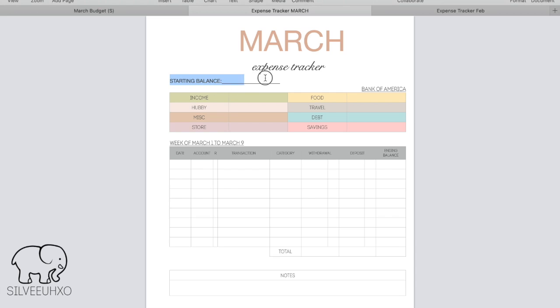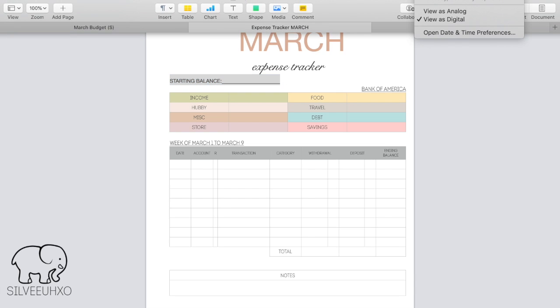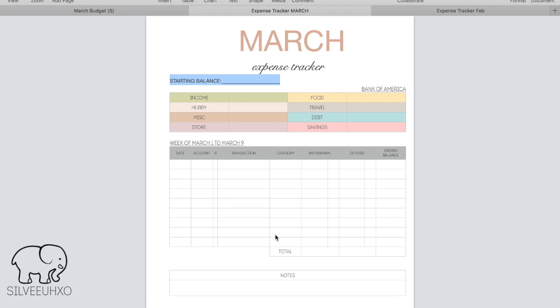For starting balance, I would put here whatever I have at the end of February. Right now, we're still in February, it is February 26th. So either by February 28th at night or Friday morning, I will have a balance here. And then I have Bank of America here because this is what I'm tracking. This is where all my money comes from, Bank of America.